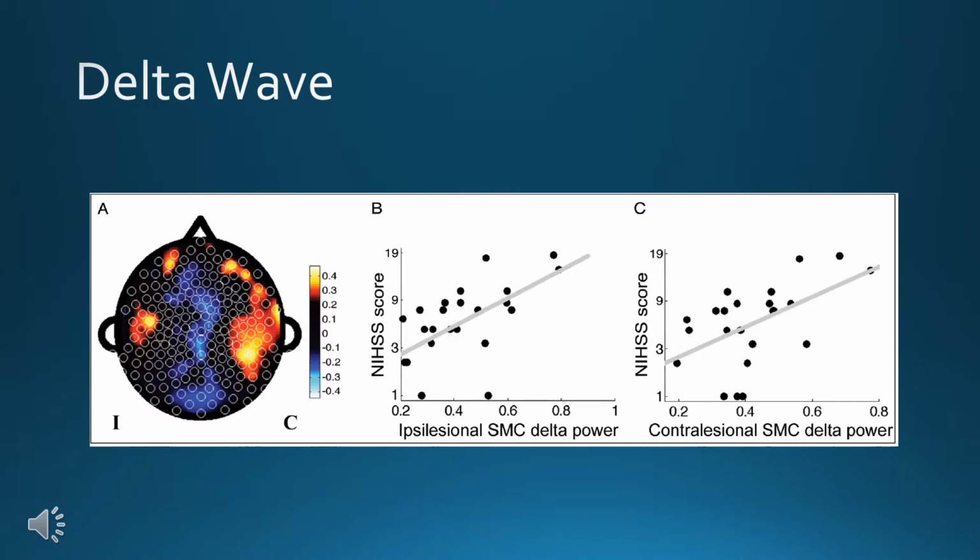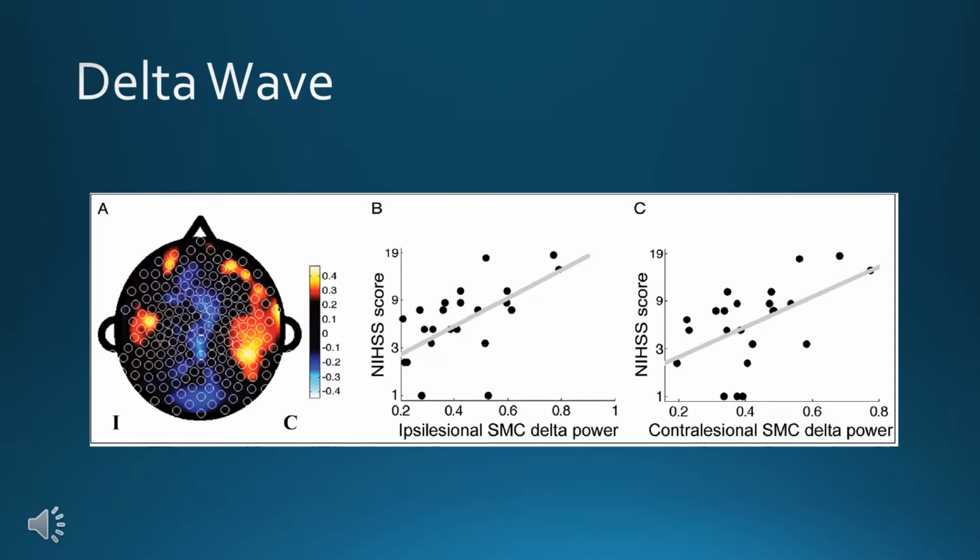Then the variants of color show the variations of impairments in the different areas of the brain. Then, in part B, it shows the correlation between the EEG and the NIH stroke score on the ipsilesional, or the lesions on the same side. Part C, contralesional, or lesions on the opposite side, is shown and indicates the correlation between the NIH stroke score and the EEG results.